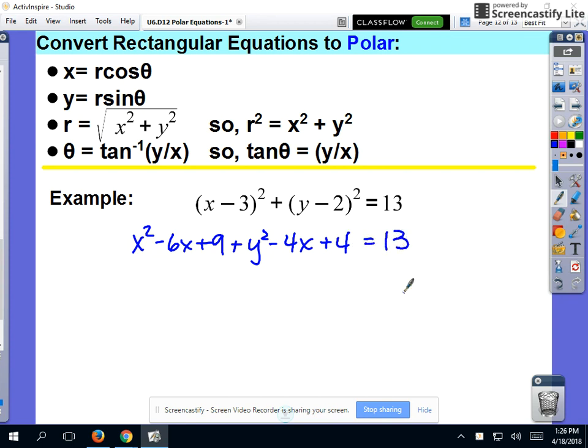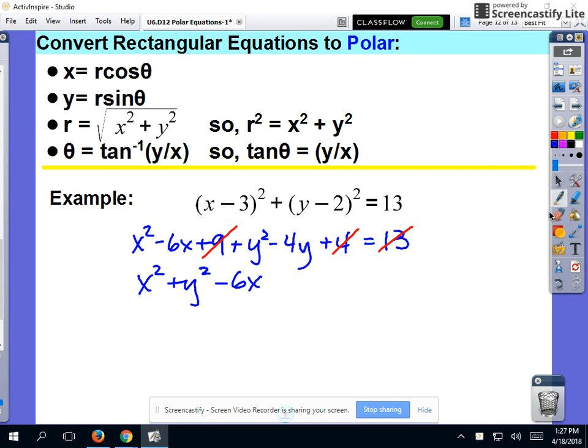Now we need to move everybody onto the same side. What's super nice about this is that 13, 4, and 9 all cancel each other out on both sides of the equals. So we're looking at x squared plus y squared minus 6x. Wait a minute. Did I put a 4 there? Whoops. Change that up. Sorry, guys. This should have been a y. Okay.